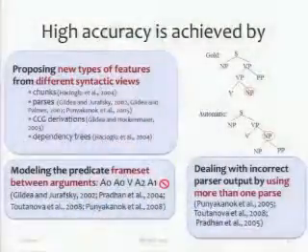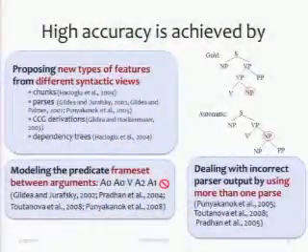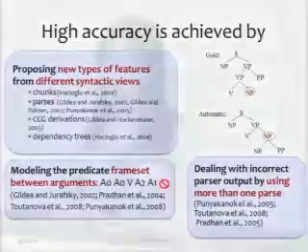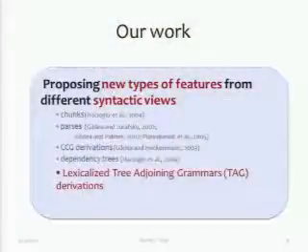Third, dealing with incorrect parser output by using more than one parse. Our work falls into the first category: proposing new types of features from different syntactic views. Basically, we use lexicalized tree adjoining grammar derivations as a novel source of features for the semantic role labeling task.